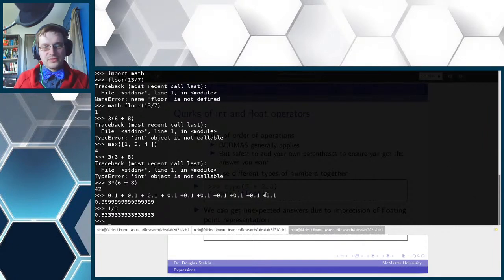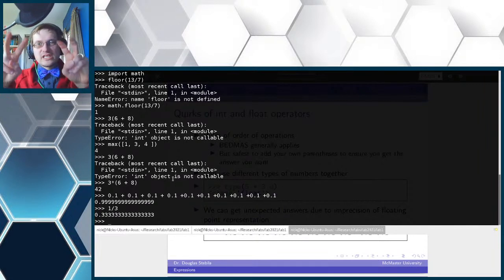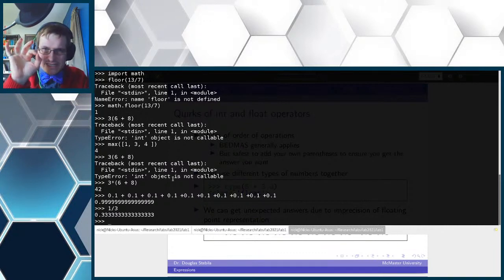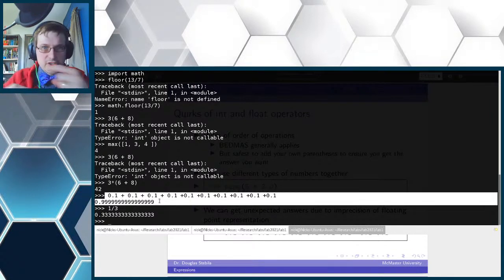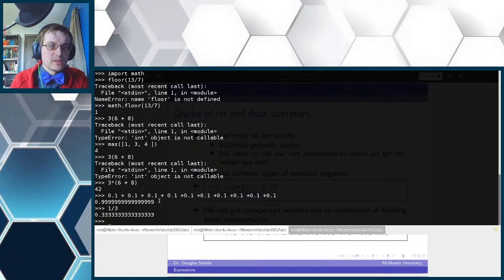So, the binary representation of 0.1 is actually very slightly less than 0.1 in the decimal sense. It's close enough to be good enough in most cases, but it's not precise and exact, which means that if you perform operations on these things, the errors can accumulate.